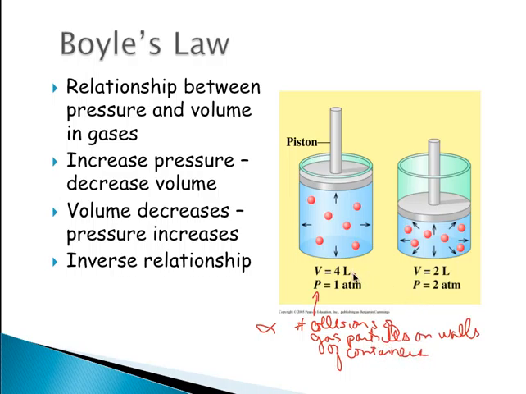Okay, now we're going to be changing the volume, decreasing the volume from 4 liters to 2 liters. One thing you need to remember in this law is the temperature of the sample remains constant.